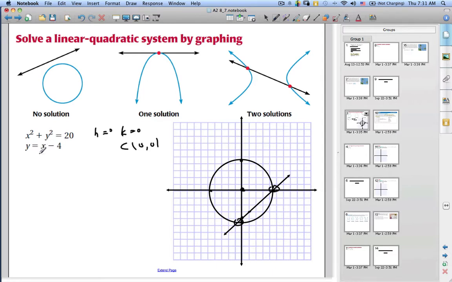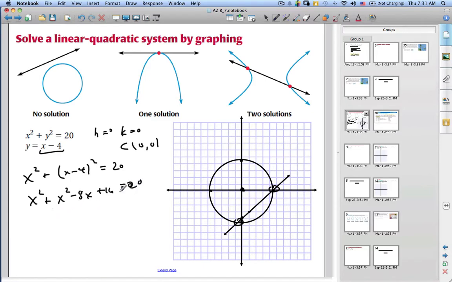If y is equal to x minus 4, then I can substitute it into the other equation in place of y. And now I've only got one variable, so I'll have x squared plus x squared minus 8x plus 16 equals 20.